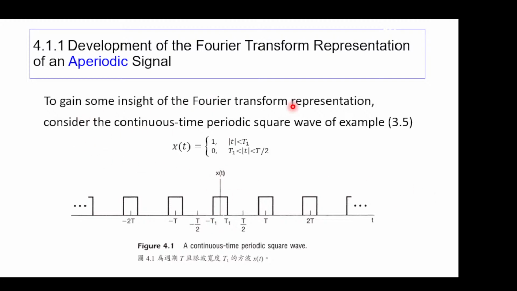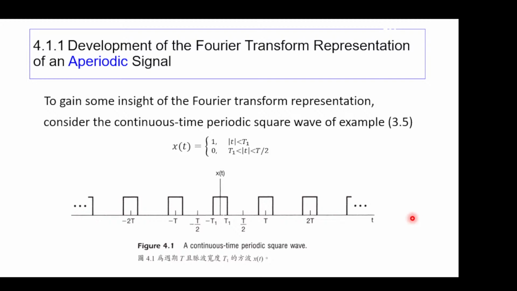We will start with our Fourier series representation. We start with a periodic function that looks like this, and we pick a very specific one: a square wave, which we have seen quite a bit. It's a square from -T1 to T1, with period T, repeating itself.